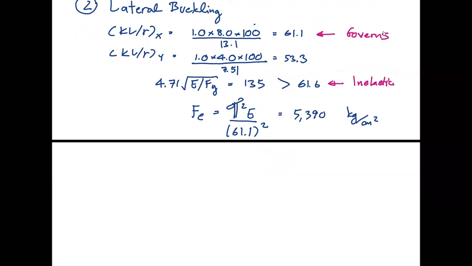So from this, you can now predict the F critical by using the proper formula, which is 0.658 to the power of Fy over Fe, and then multiply by Fy.